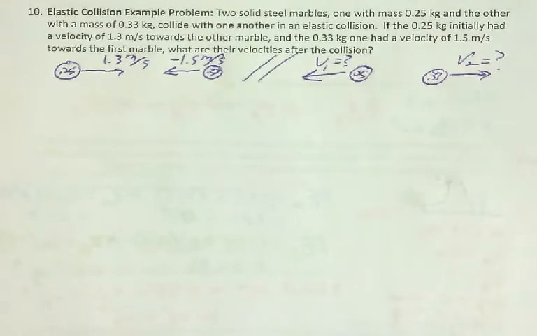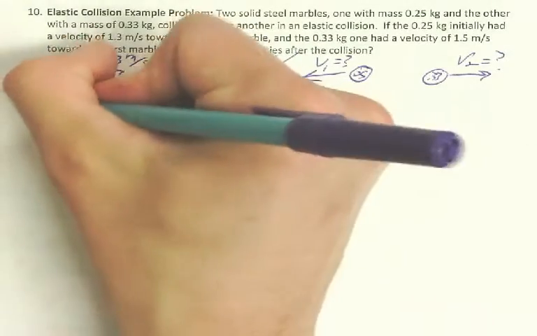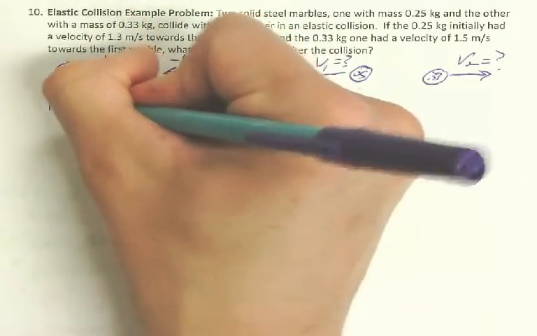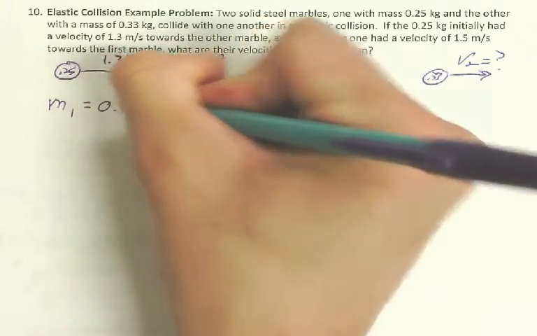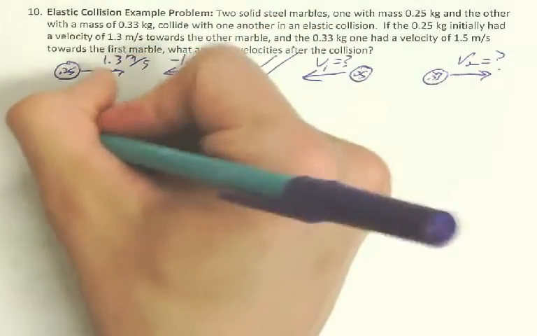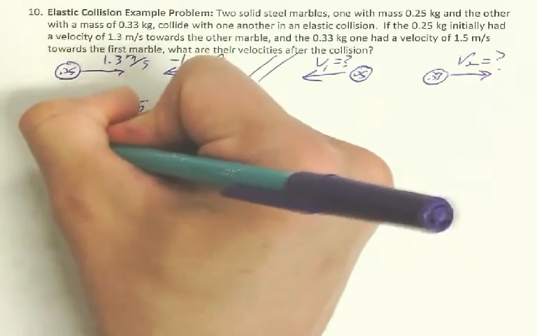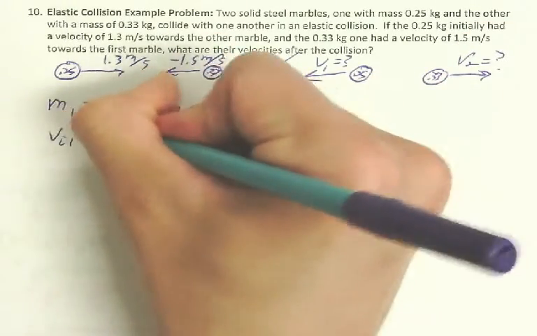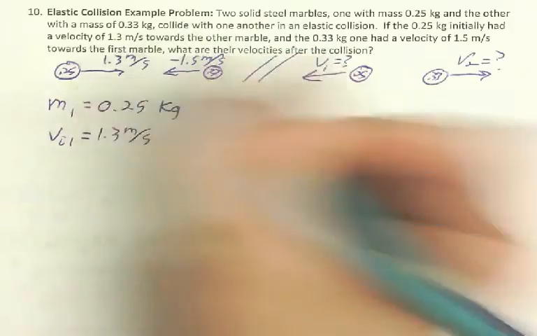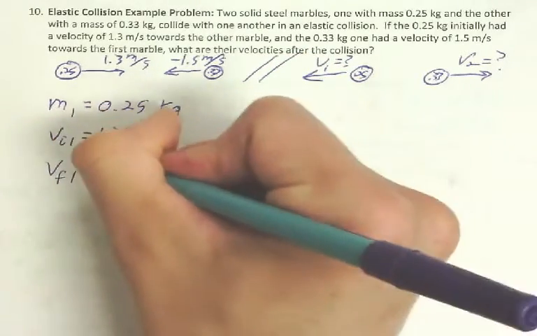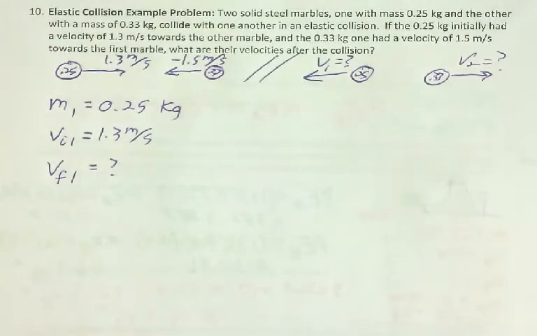Okay, so knowns and unknowns. Object 1 will be the first ball, so the first steel ball, M1, has a mass of 0.25. We know that before it collides, it has an initial velocity of 1.3 meters per second. And after the collision, we don't know what its velocity is, so we'll just call it V final, question mark.